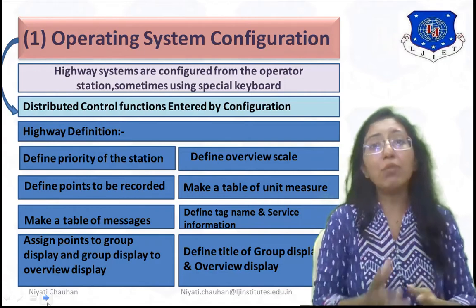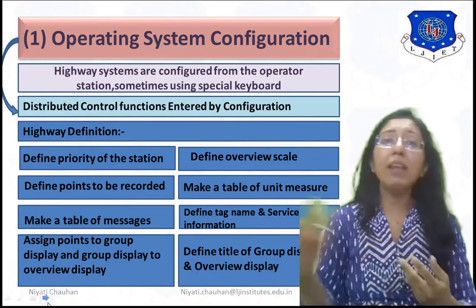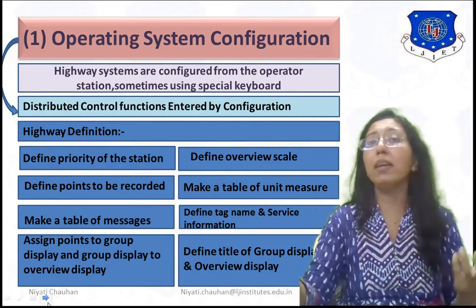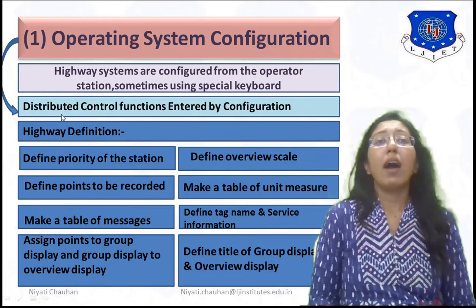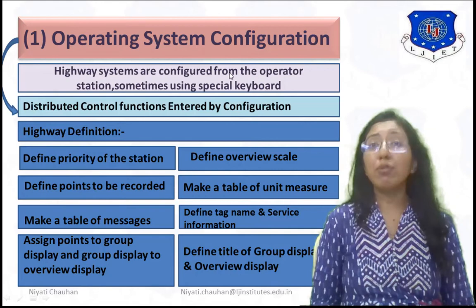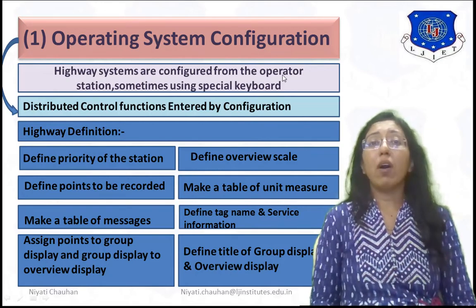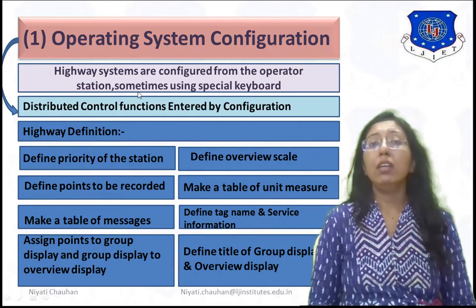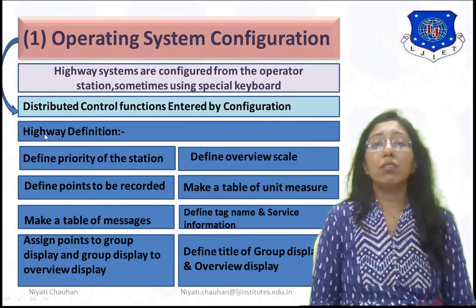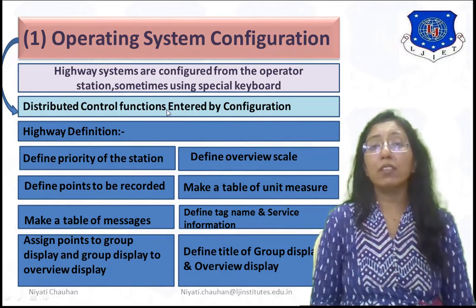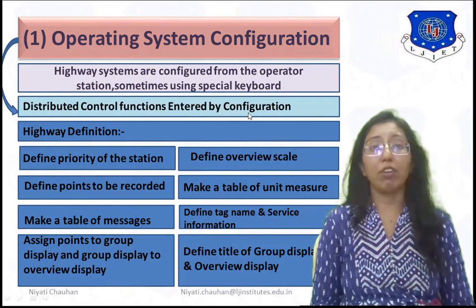These types of data are provided by the supplier, because programming is done by the supplier. Highway systems are configured from the operator station, sometimes using a special keyboard. So distributed control functions are entered by configuration.